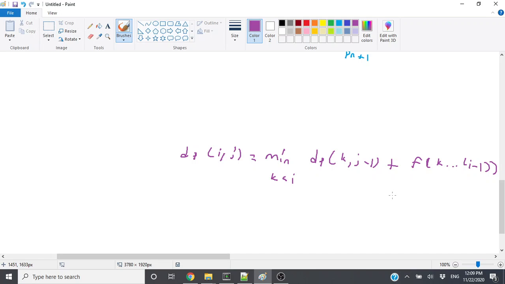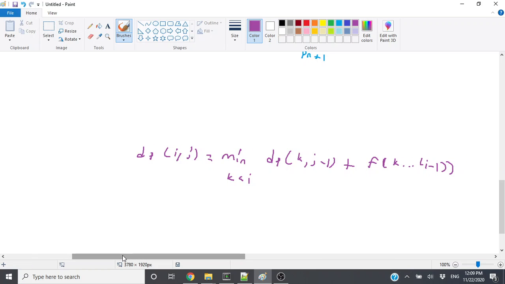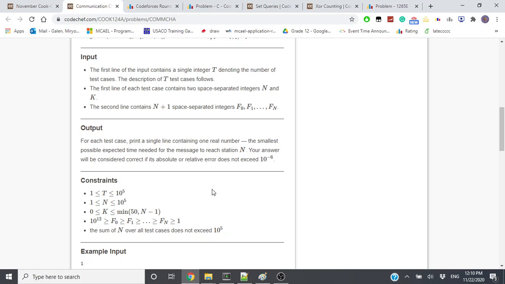That's the recurrence we're working with. What do we do with it? Sure, that's the recurrence, but we can't do it like that. It has to be better.